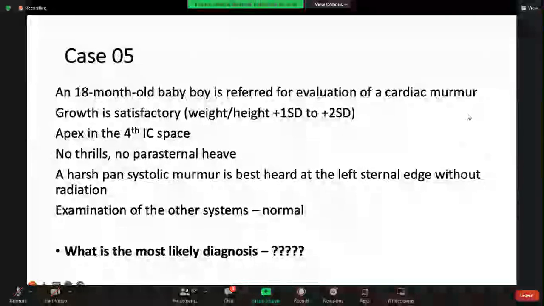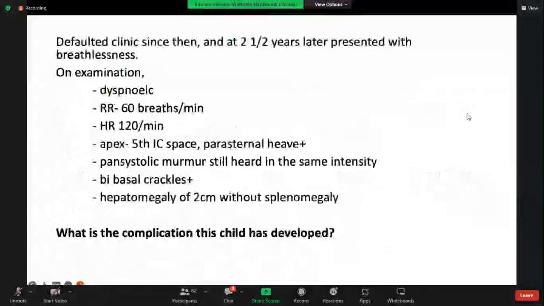Yes, basically, as you correctly mentioned, it's a simple ventricular septal defect. So do you all agree with that answer, or do you have different thoughts? So let's see what happened to this child. So what happened here?